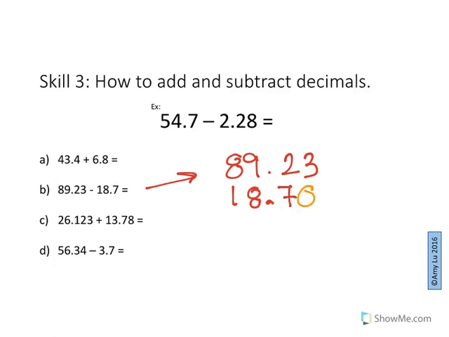Remember, fill in the 0 and subtract. 3 take away 0 is 3. This has to turn into a 12 and you borrow from your neighbor. 12 take away 7 is 5. Bring down the decimal. 8 take away 8 is 0. 8 take away 1 is 7. So the answer for B is 70.58.